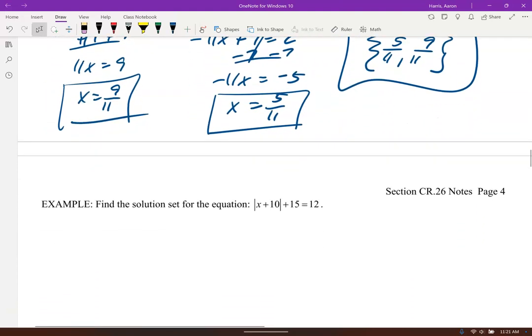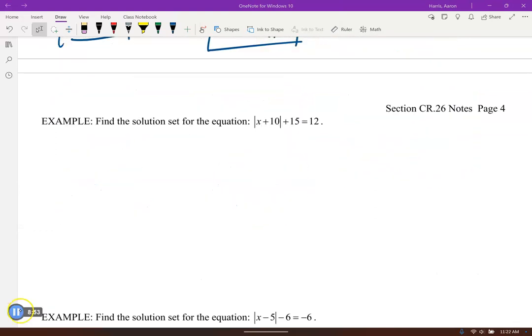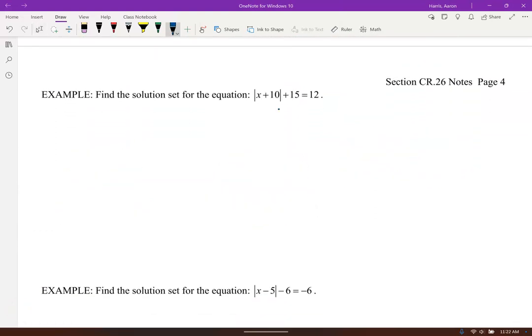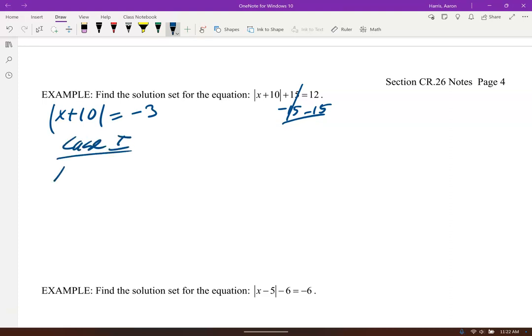Yes, similar. I have a quick question. Yes. All right, let's get rid of that 15 first, isolate it, and then we'll run the two cases. So here's what we have. The absolute value of x plus 10 equals -3. Case 1. Case 2.